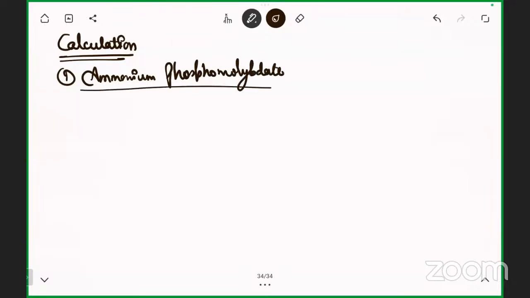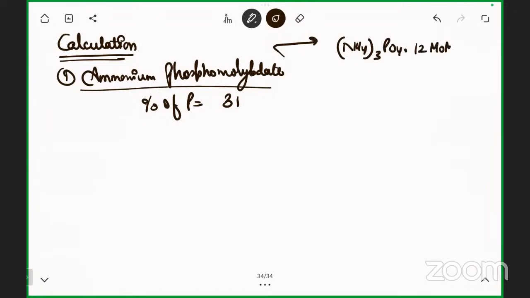The percentage of phosphorus equals 31 divided by the mass of ammonium phosphomolybdate, (NH4)3PO4·12MoO3, into the mass of ammonium phosphomolybdate formed divided by the mass of substance taken into 100. First you need to calculate the mass of this compound: 3 into 14 plus 4 plus 31 plus 4 into 16 plus 12 into 96 plus 3 into 16.